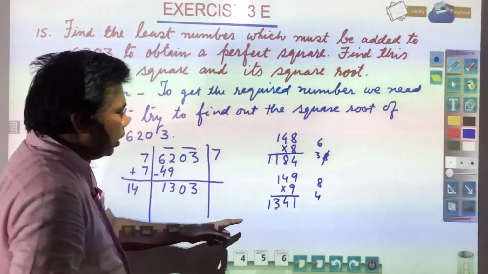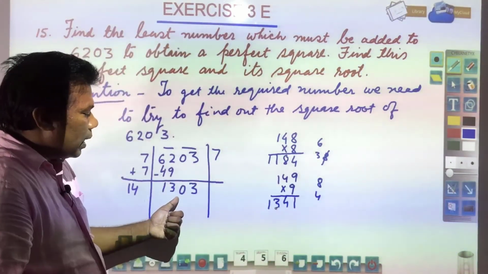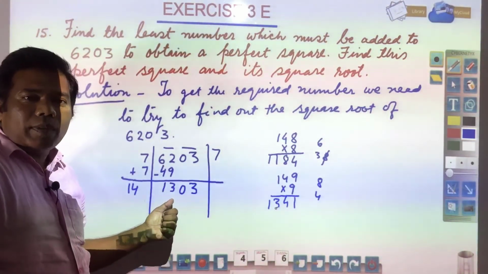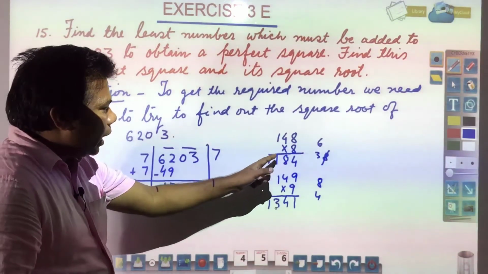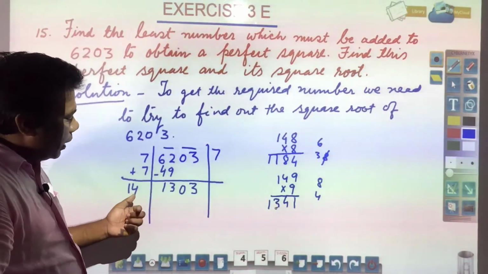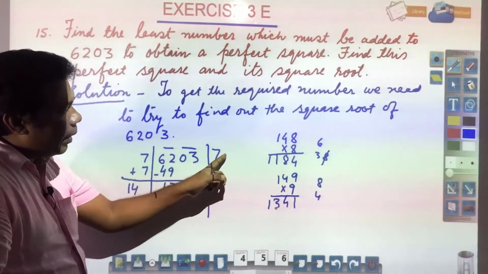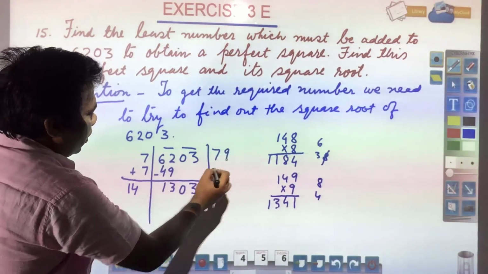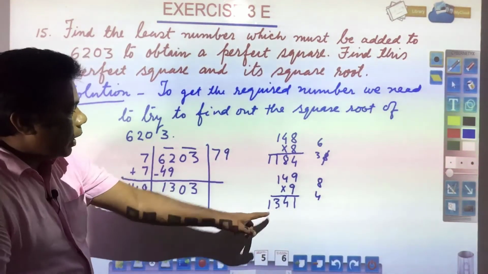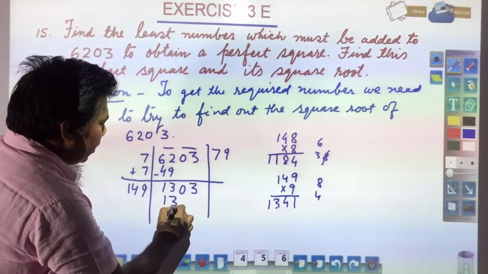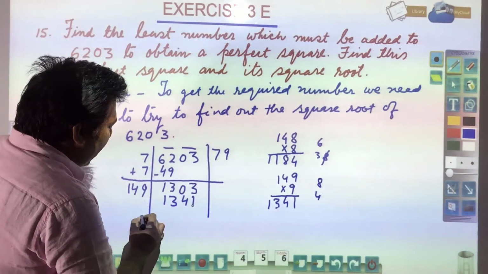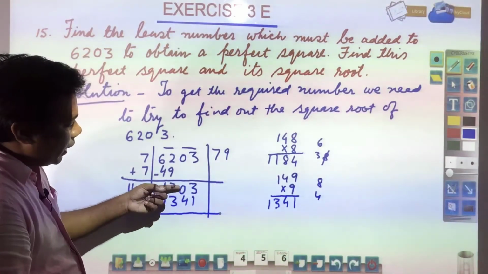Now, you see 1341 is bigger than this. So, this number we will write over here. 8 times was very small, so 9 times we will take. If 9 times you are taking, what number are you getting? 1341. Now, you need to find the difference in between.